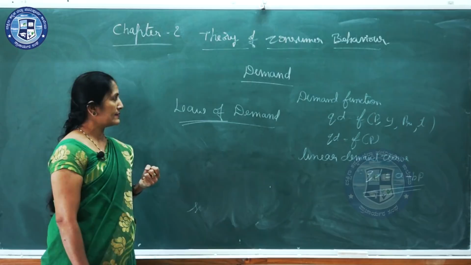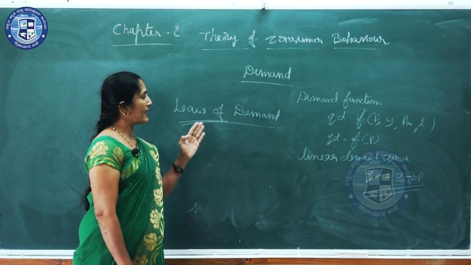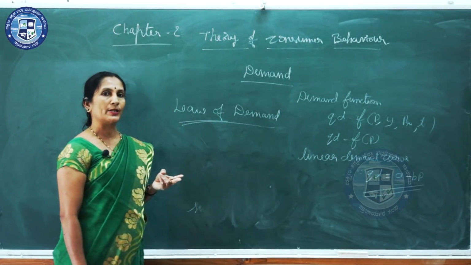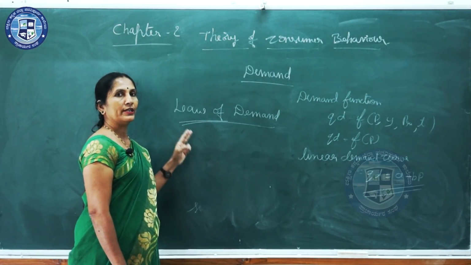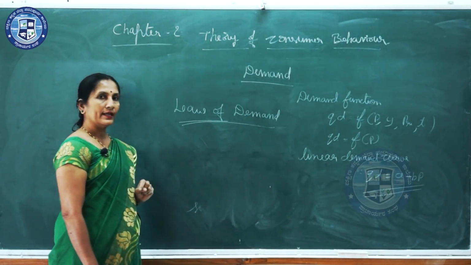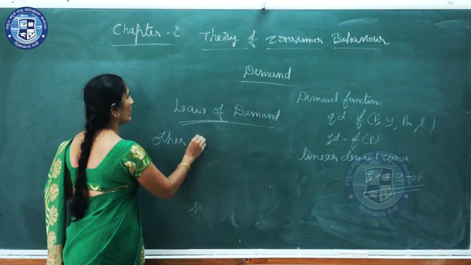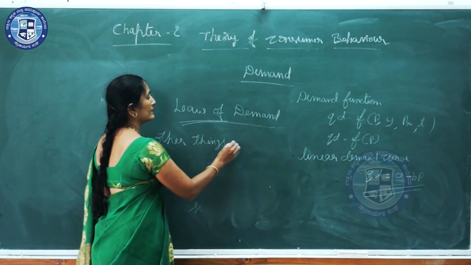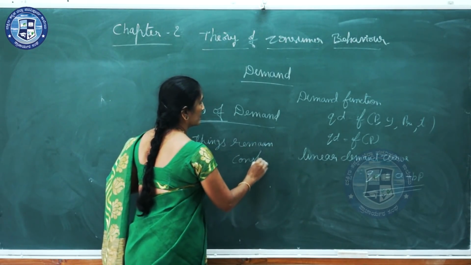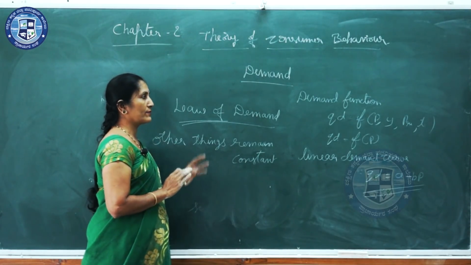The law of demand means there is an inverse relationship, a negative relationship, between the price and the quantity demanded of a commodity. In other words, the law of demand says that when other things remain the same, so what are the other things?